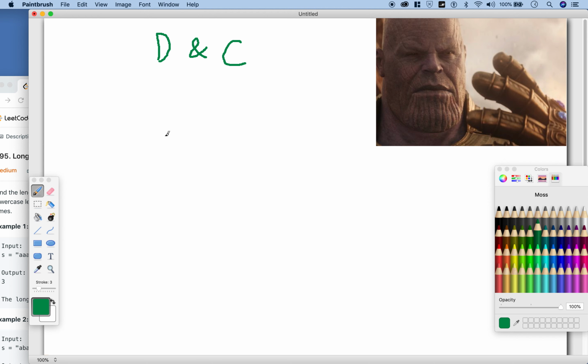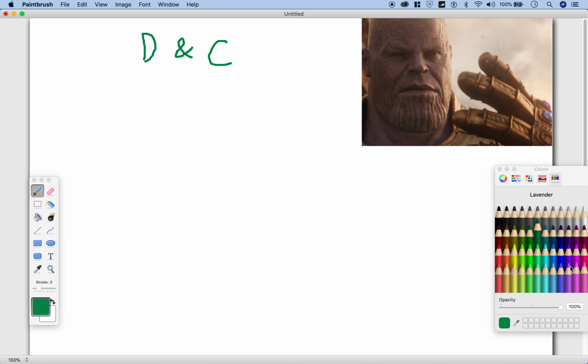And we are going to use the same example that they showed in example 1. So that string was AAABB, and the requirement is k equals 3. So we need to find a substring with lowercase letters that appear at least 3 times.